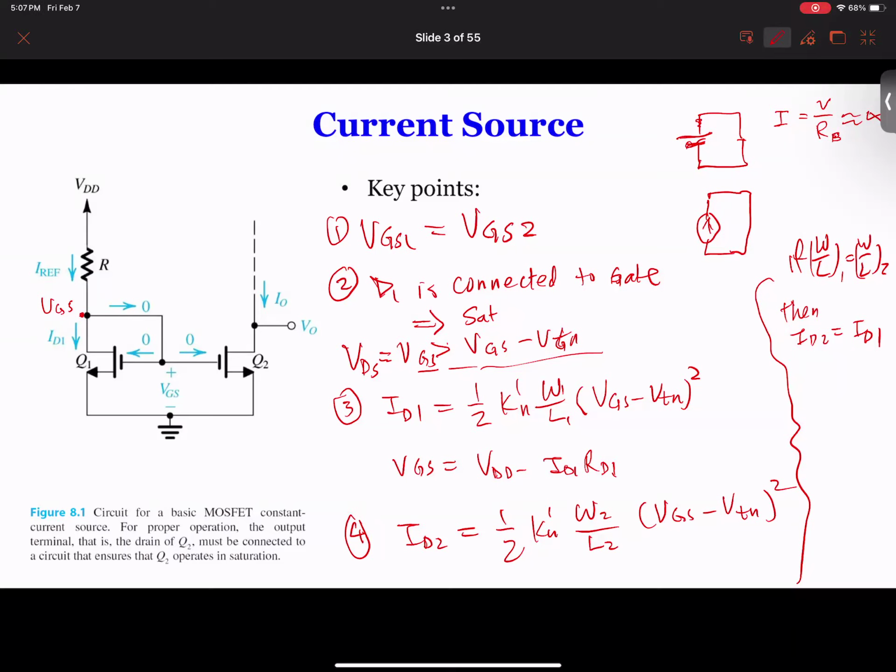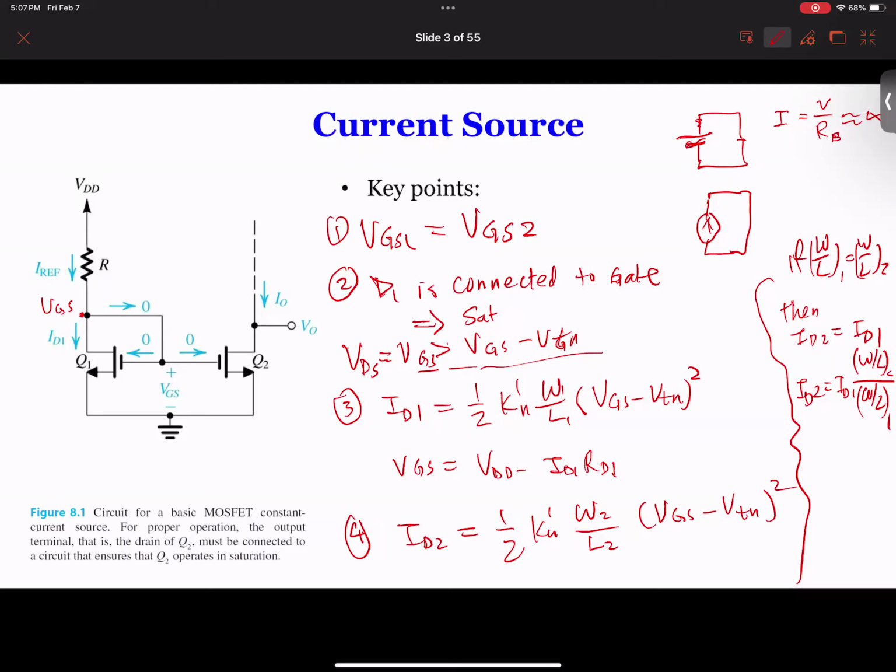If they're not the same, then ID2 will be ID1 times W over L2 over W over L1, which means ID2 is proportional to ID1, and the rate is based on the ratio between the channel width and channel length.